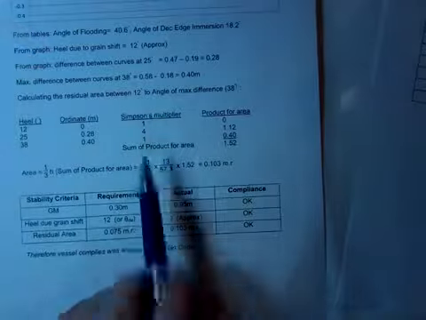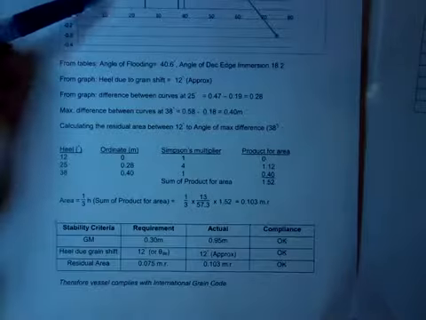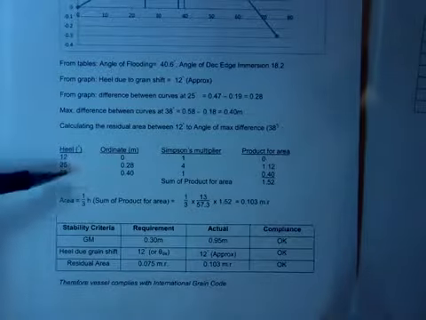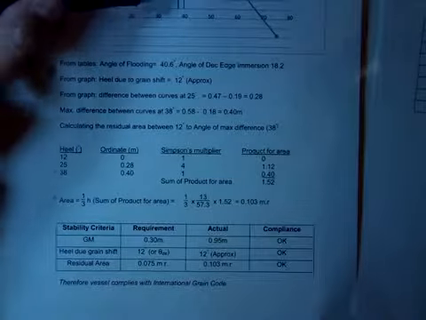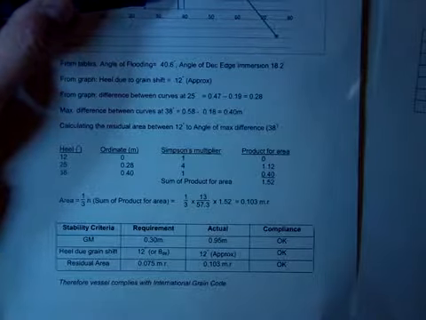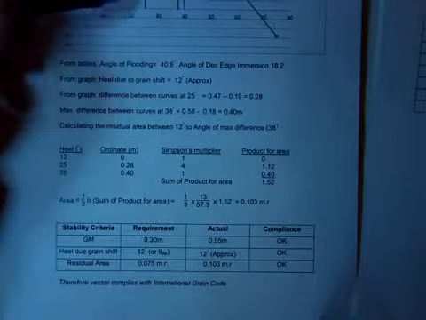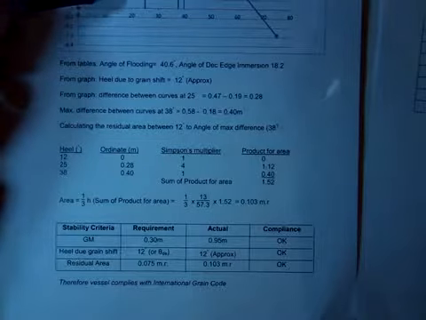So we'd write down our Simpson's multiplier, 1, 4, 1. The ordinates: we've got 0, and then we start at 12 degrees. So 12 to 38 degrees gives us 26 degrees between the two. Half that is 13. So 12 plus 13 is 25 degrees.